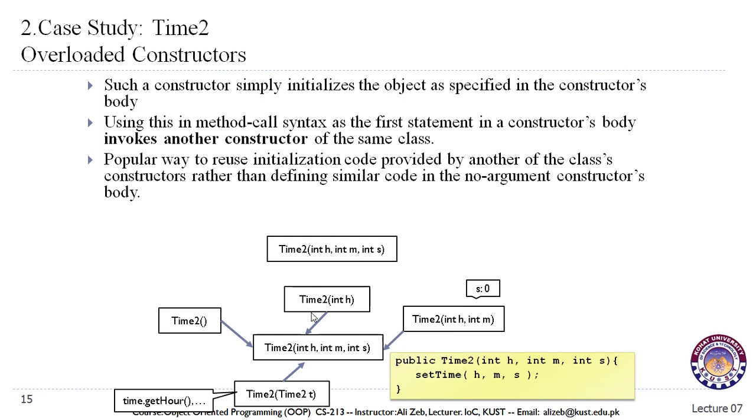And it is a popular way to reuse initialization code provided by another of the class's constructors rather than defining similar code in the no-argument constructor's body. So if we do not want to include code in our no-argument constructor, then we can use another constructor from within the same class to initialize our values. For example, we can initialize our values to 0 using some other constructor call within this constructor.